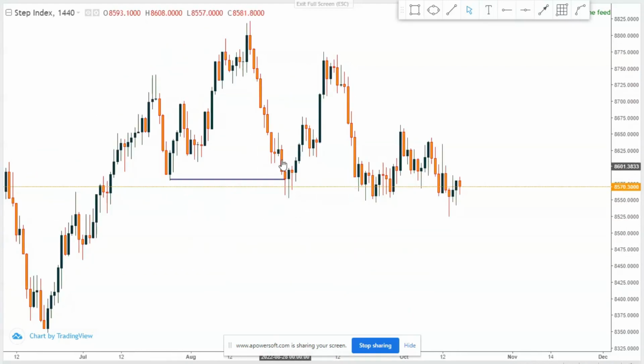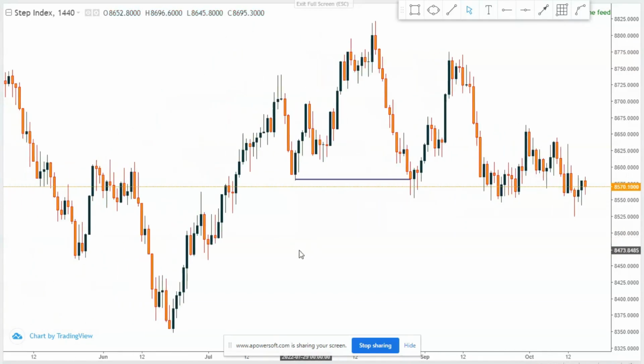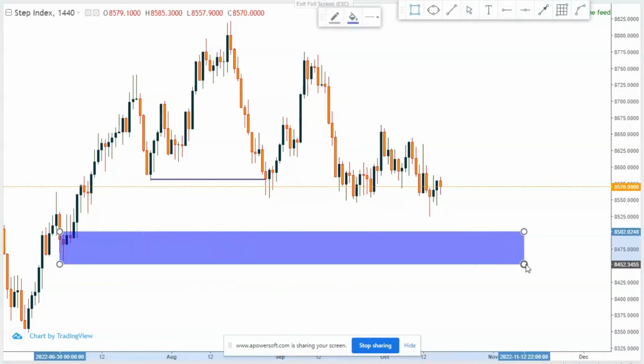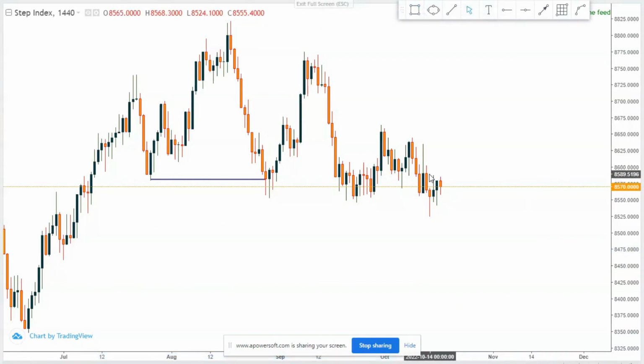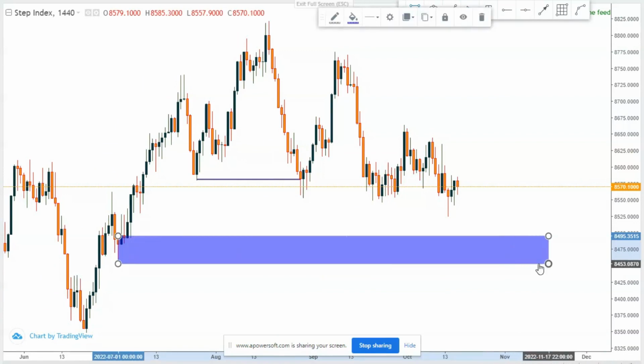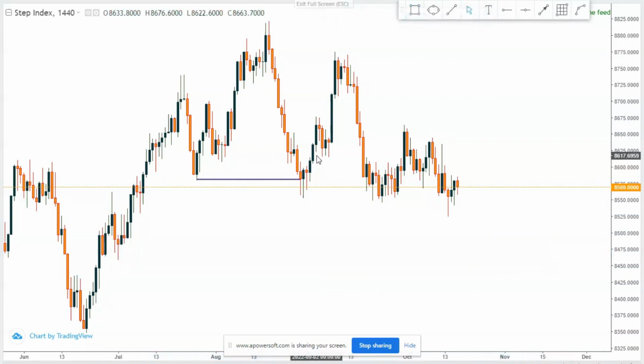First of all, on the daily, we can see that we took out some kind of liquidity, but we broke structure here. I told you on the daily time frame, it's going to be a disservice to start zoning out like this. I used to do it, but I realized it's unnecessary, because it may take so long for the market to come to this place.